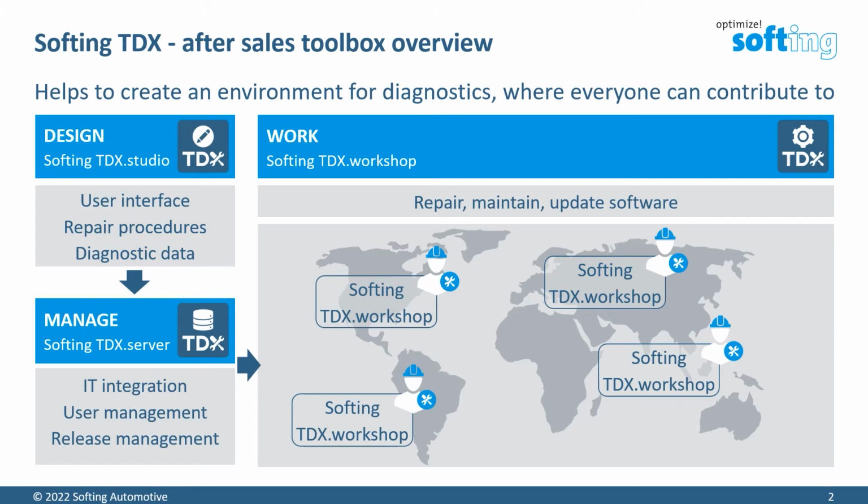In the second step, the manage phase, it's all about the integration into existing IT infrastructure. Of course, OEMs and first tiers already have IT infrastructure, for example, content management systems, other usual management systems like Active Directory, or any other database which is available in order to store relevant data for the after-sales solution.